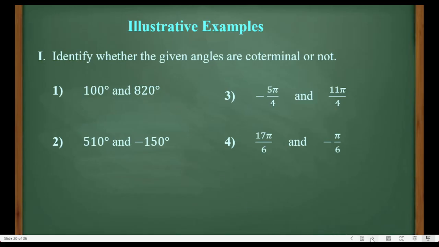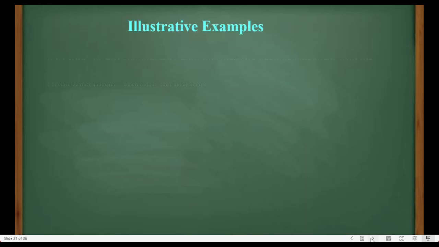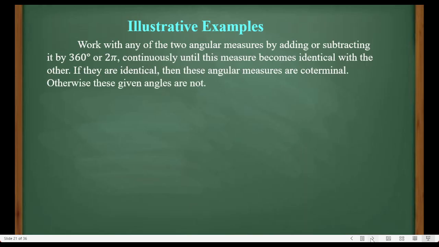So we go to number 1. This is what we're going to do. Work with any of the two angular measures, or simply choose one from the two given angular measures from that item, by simply adding or subtracting that angle by 360 degrees or 2 pi.